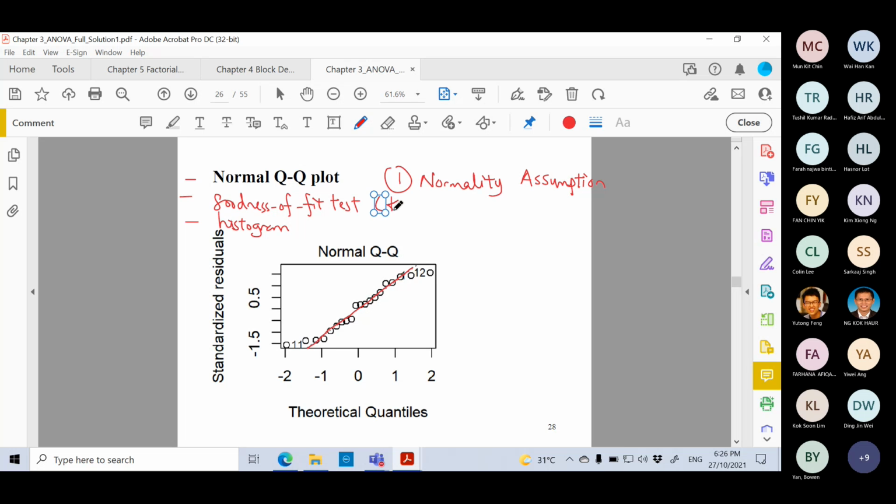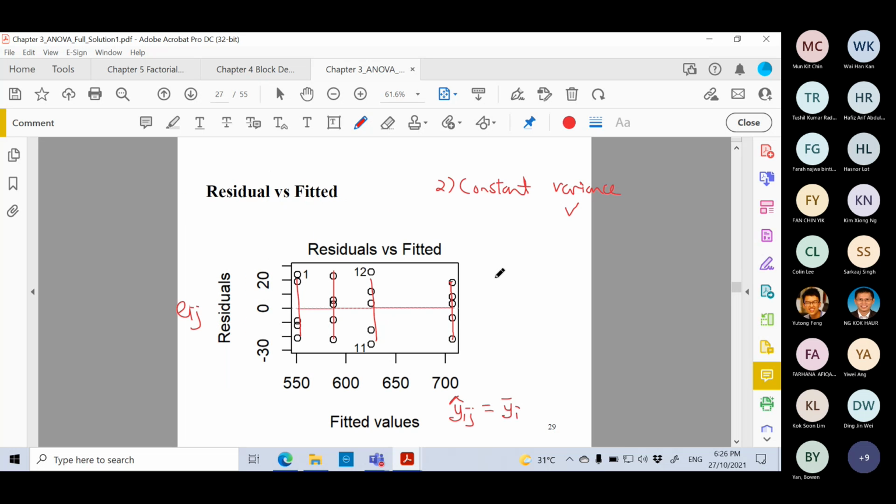One of them is called the KS test, or Kolmogorov-Smirnov test. Or there are other goodness of fit tests. Or you can plot the histogram to check the distribution of the residue.